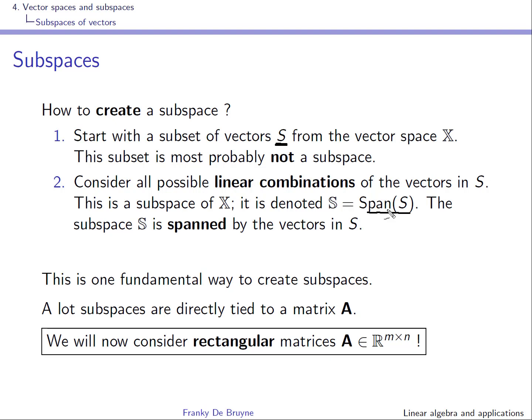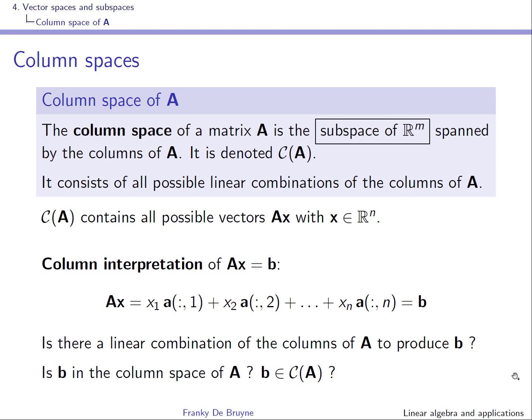A lot of subspaces are directly tied to a matrix A, and this is what we'll study in this section, and we'll consider that the matrices are rectangular. So you have m rows and n columns, and m and n are in general different from one another. We'll start with the first subspace associated to a matrix A, and it's the column space. It consists of all possible linear combinations of the columns of A, and it is denoted C(A).